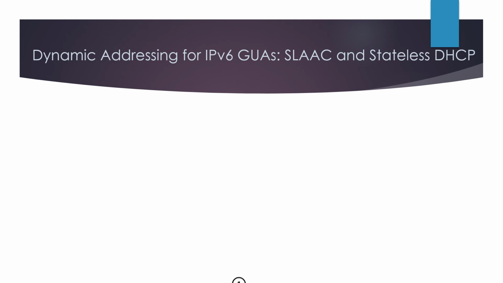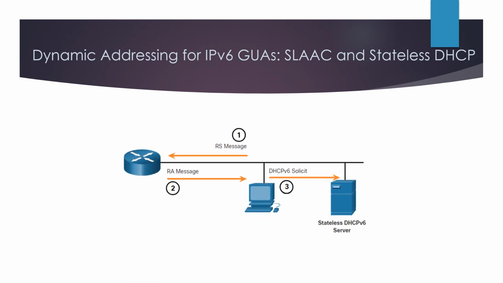As it is shown here in this figure, with this method, the router advertisement message suggests the device do the following: use the stateless address auto configuration to create its own IPv6 global unicast address, use the router link local address, which is the router advertisement source IPv6 address, as the default gateway address, and use a stateless DHCP version 6 server to obtain other information such as the DNS server address and a domain name.